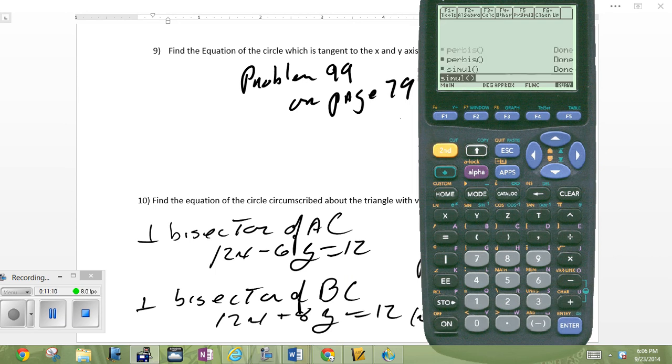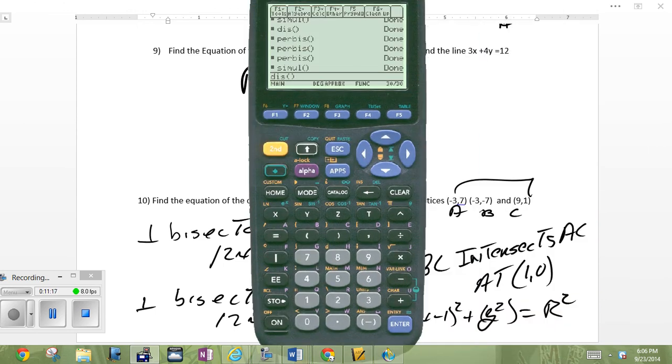Now we're coming home and we're going to find the distance from 1, 0 to 9, 1, and that is 8.06 looks like.